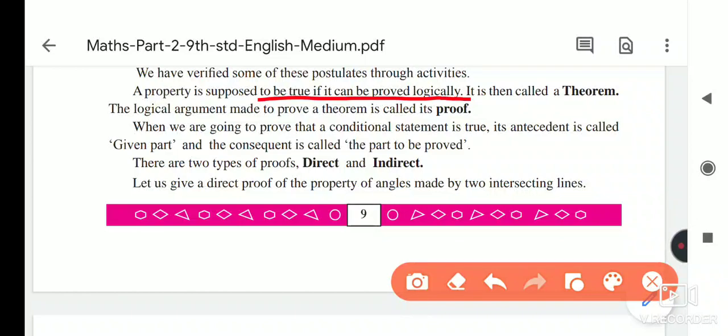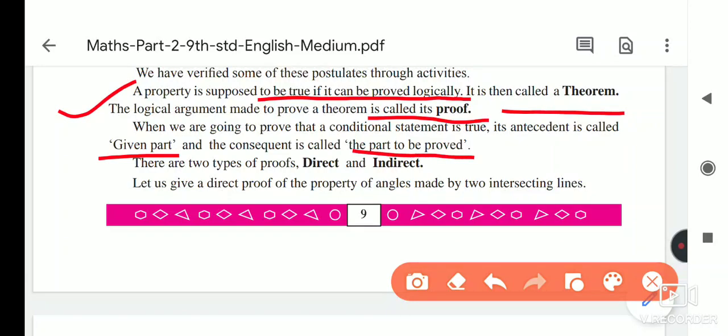But when we have to prove this logically, it is called a theorem. The logical argument made to prove it is called a proof. In the next lecture, when we prove a conditional statement, the antecedent is called the given part, and the consequent part is called the part to be proved.